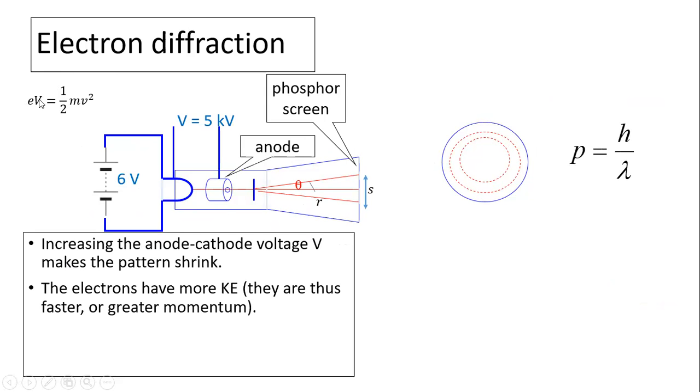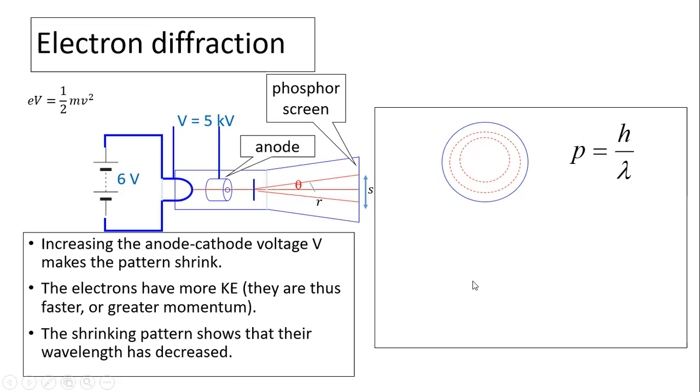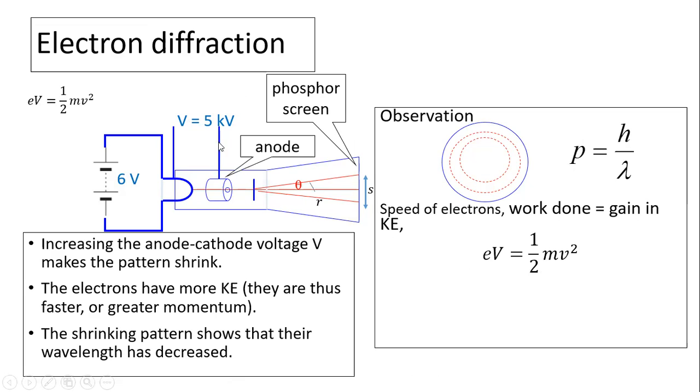Greater accelerating voltage, greater kinetic energy, so greater momentum, so smaller wavelength. The shrinking pattern shows that their wavelength has decreased. For the electron, work done equals the gain in kinetic energy, which is what we derived just now.